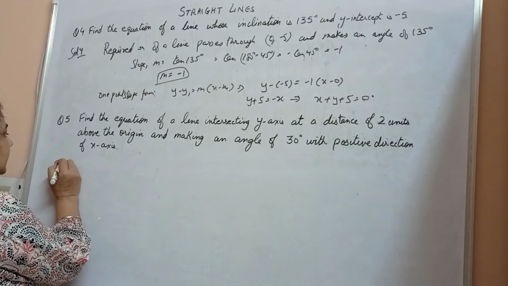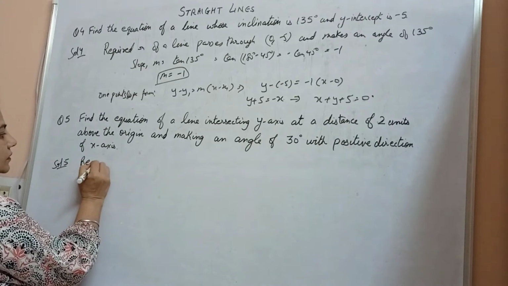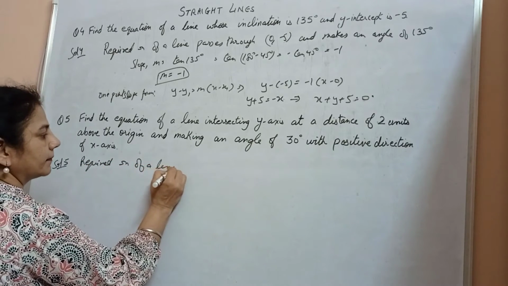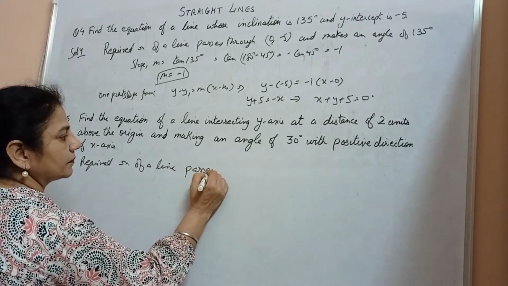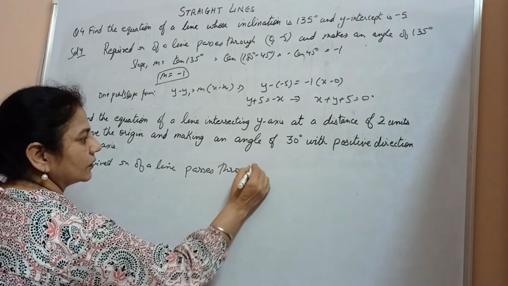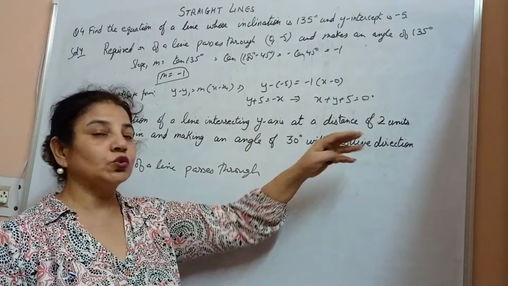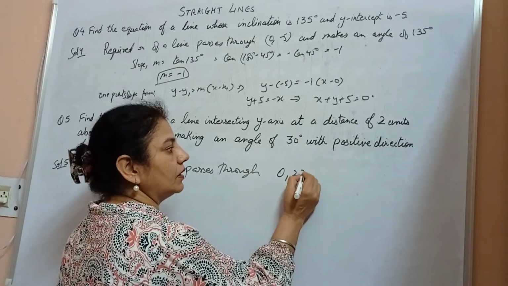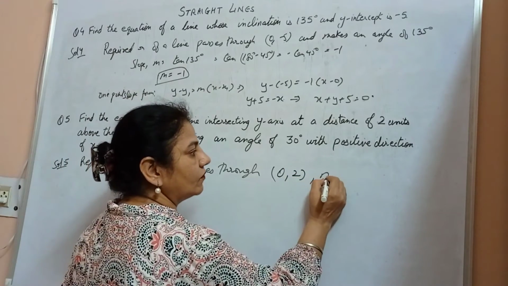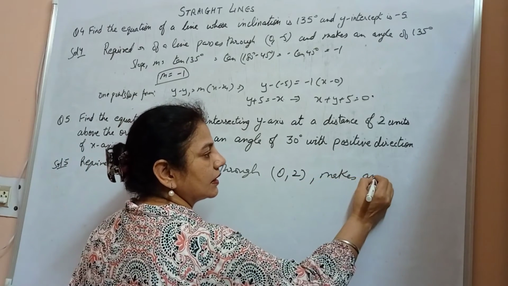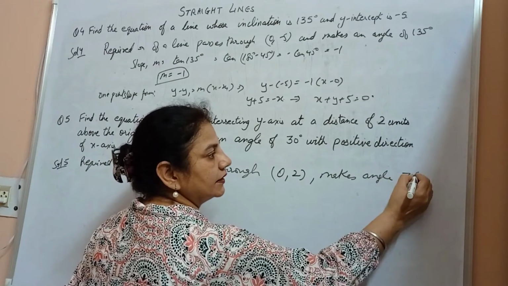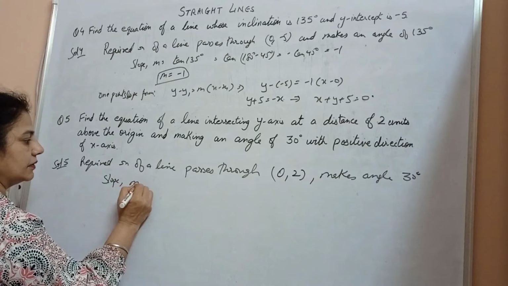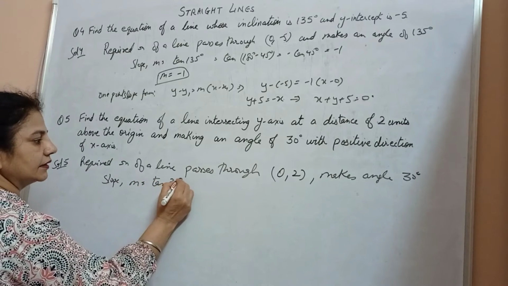Again we say that the required equation of a line passes through the point, as it is 2 units above the origin on the y-axis, 0 comma 2, and makes an angle of 30 degrees.